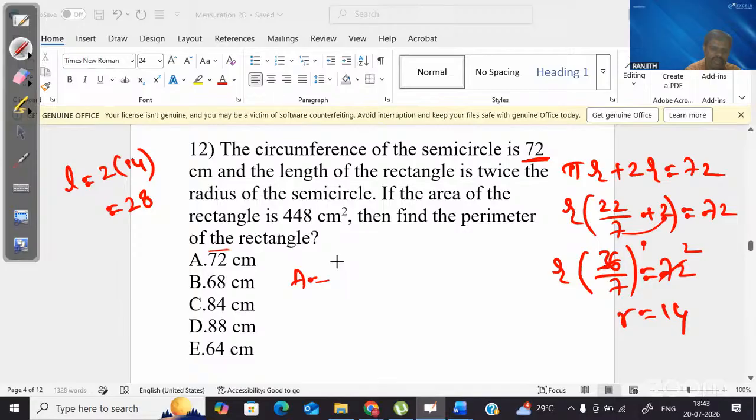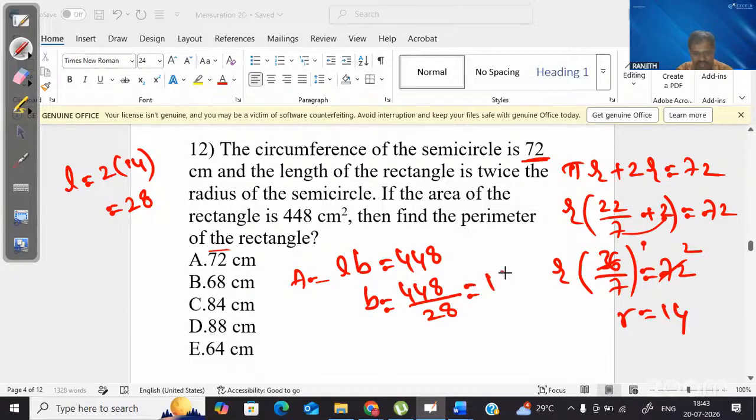Area of rectangle is L into B. L into B equal to 448. Then B will be equal to 448 divided by 28. In 8 table, 8 6 are 48. Only one time we are getting 8 6 are 48. So B equal to 16.